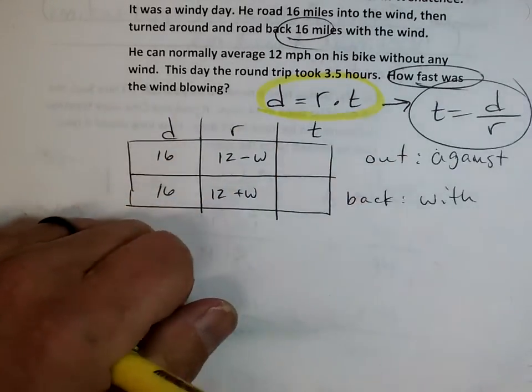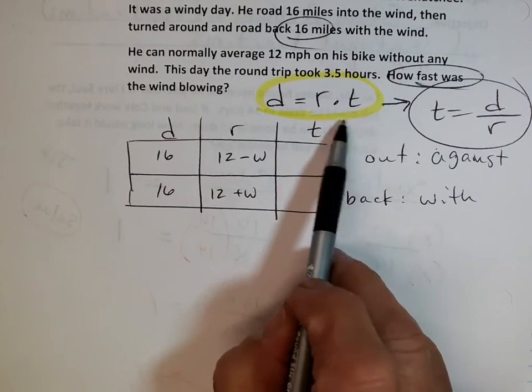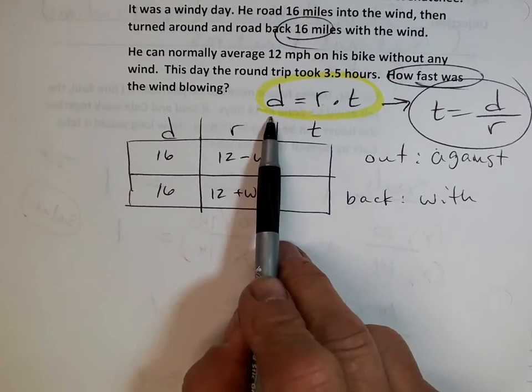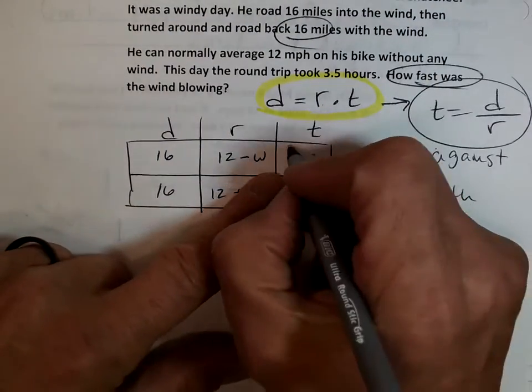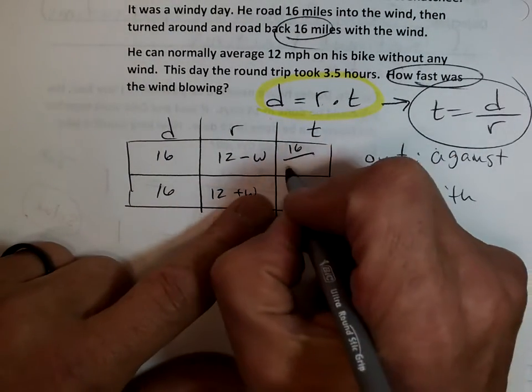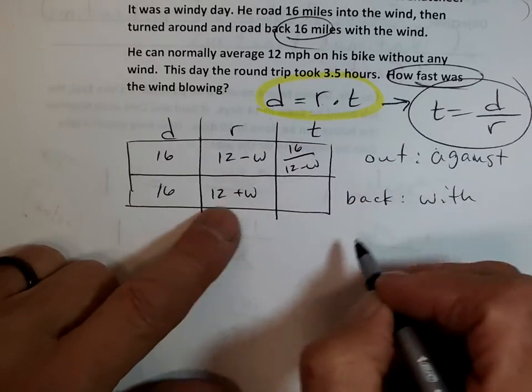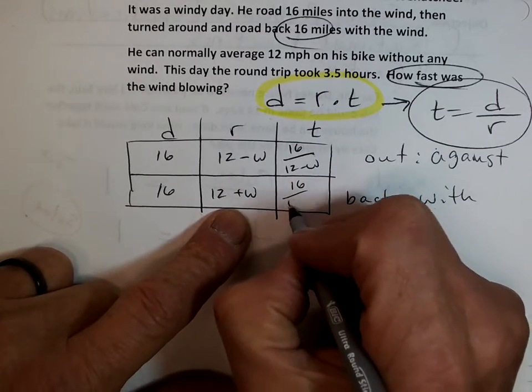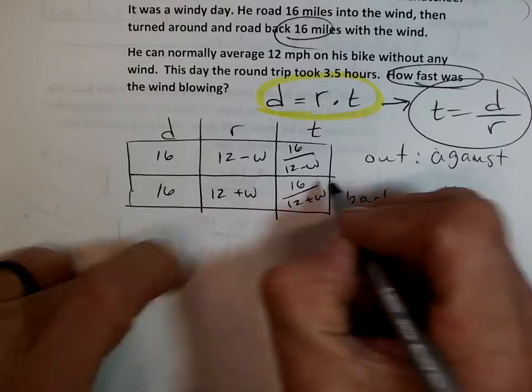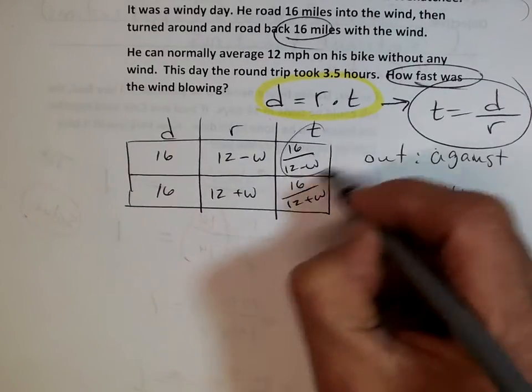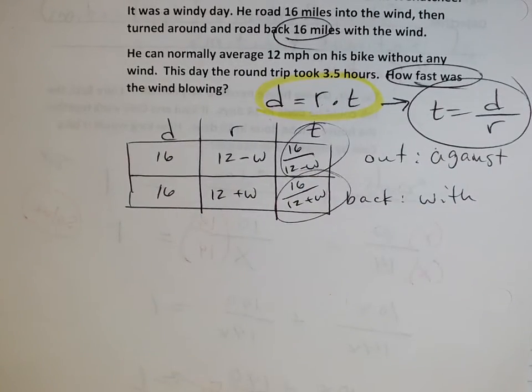I just solved for t, distance divided by rate. Let's do the same thing here. So this time out is going to be 16 over 12 minus w, and this one's going to be 16 over 12 plus w. Okay, and now I got my total time.